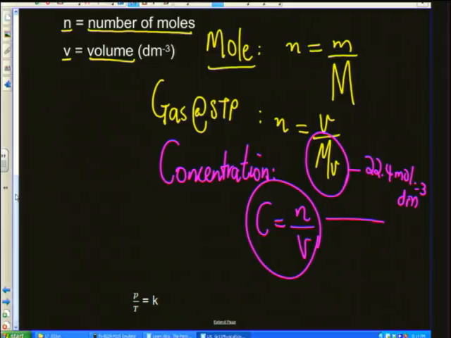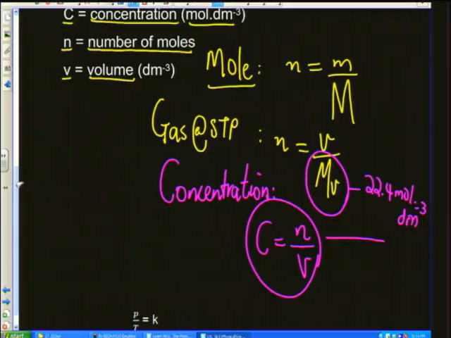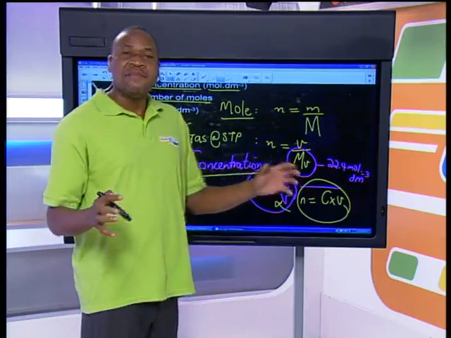But then if I talk about number of moles from this equation, number of moles will be equal to concentration times the volume. This is when we're talking solutions. So all this becomes very important for you to note because they are related.